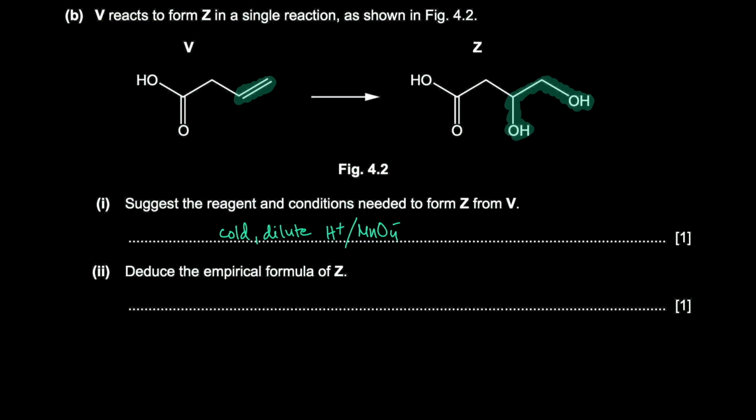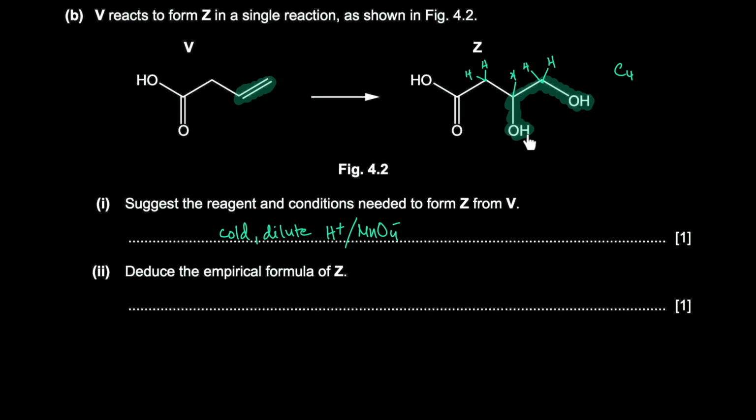Deduce the empirical formula of Z. So Z has 4 carbons. We have 2 hydrogens here, 2 hydrogens here, one hydrogen here, and 2 here.